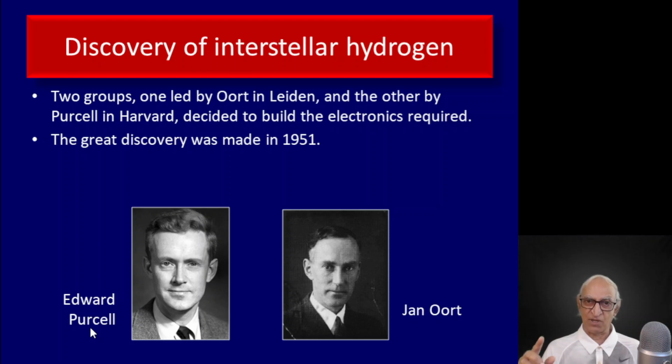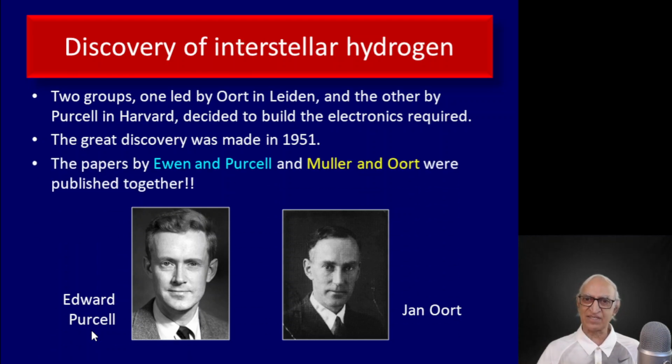What happened was that Ewen and Purcell detected this radiation, and instead of within a millisecond announcing it to the press and going to television and newspapers, he sent a telegram to Jan Oort in Leiden, in Holland, in the Netherlands, saying that, look, ask your student to rebuild his electronics. He will detect this radiation without any difficulty. I will wait till then to publish this paper.